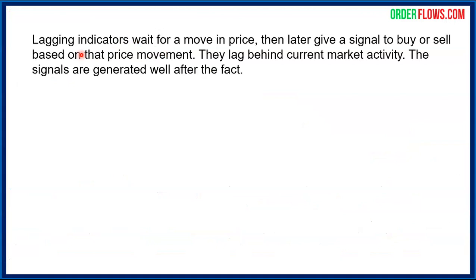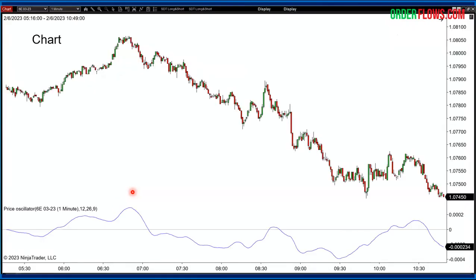And that's the whole concept of lagging indicators, right? Lagging indicators wait for a move in price, then later give a signal to buy or sell based on that price movement. They lag behind current market activity, right? The signals are generated well after the fact, and often well after a move has taken place, okay?